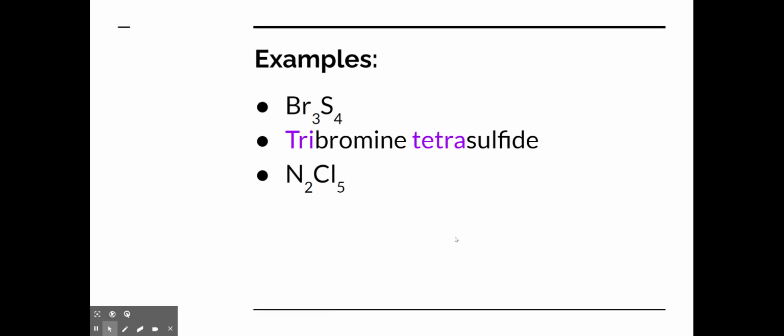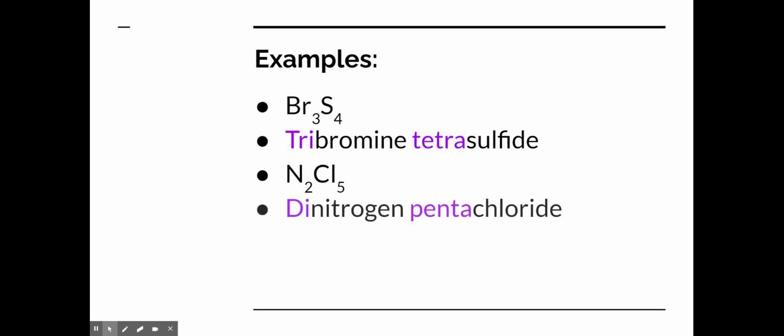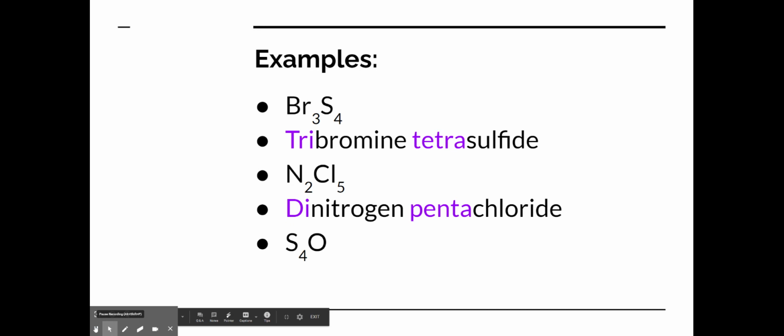Almost. So the first word, like bromine here, doesn't change to an ide. It's only the last one, and it's only when it's an element, not a polyatomic ion, where the ending changes to ide. So this one becomes dinitrogen pentachloride. Ooh, another one. Name this molecule.